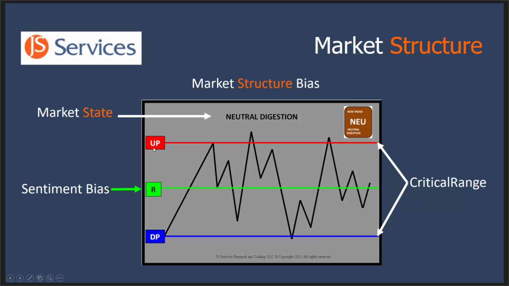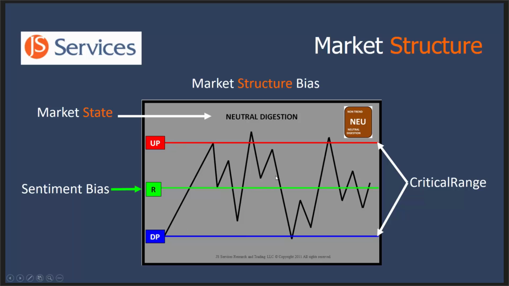And we have what we call our critical range with our upside pivot and our downside pivot. So you could look at this as a resistance area and a support area, but it's a structure high point, structure low point. And then we have what we call our sentiment bias, or R level. And this is a directional bias. So basically above this price you're positive, below you're negative.